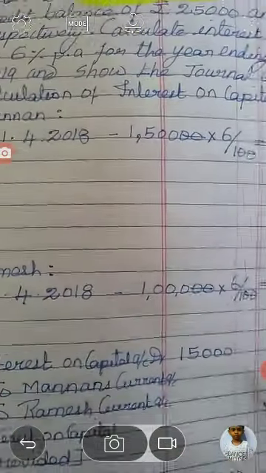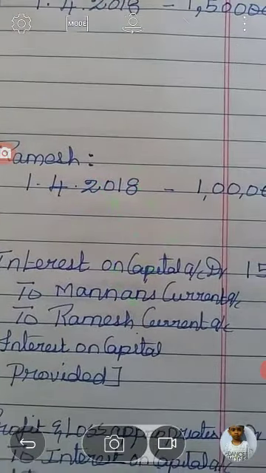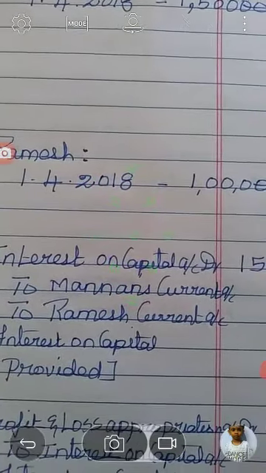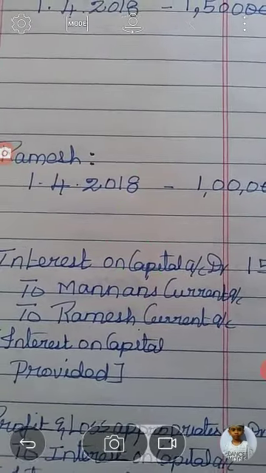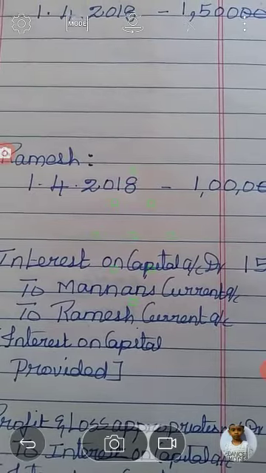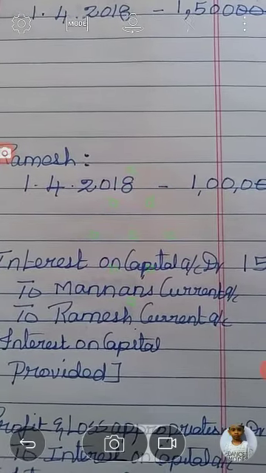So you have to put a journal entry: interest on capital account debit. Suppose it is a fluctuating capital method, Mannan's capital account should be shown. Here, since it is the fixed capital method, the current account balances are given in the sum.